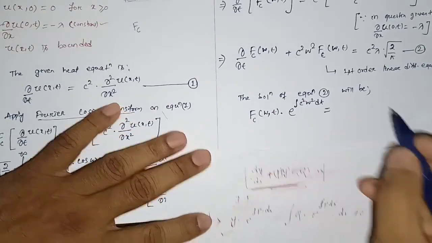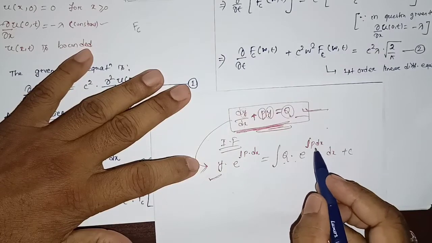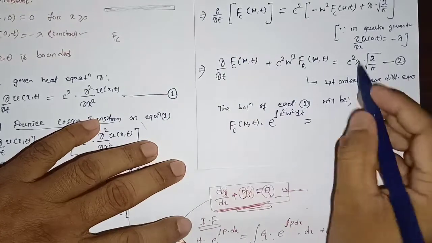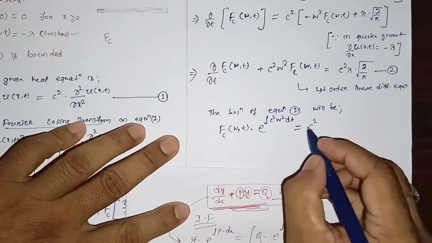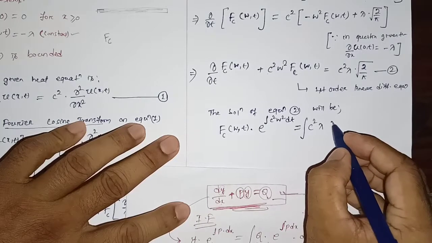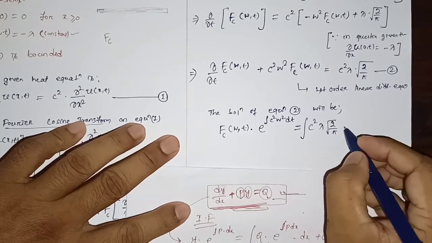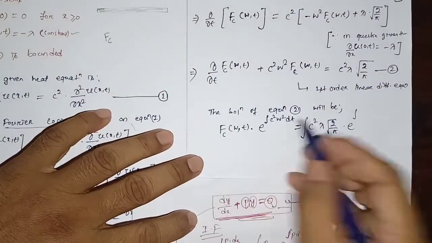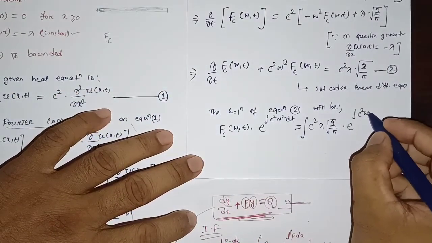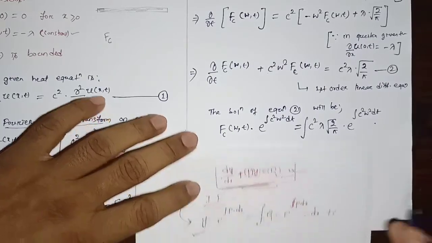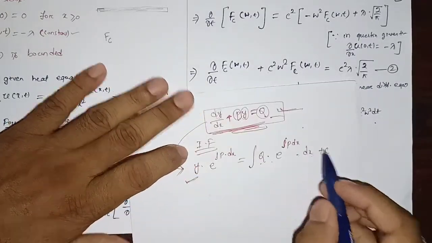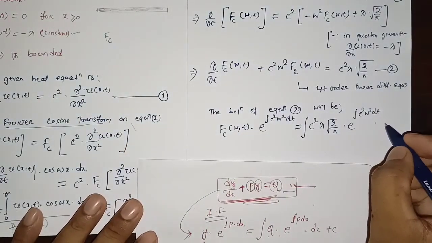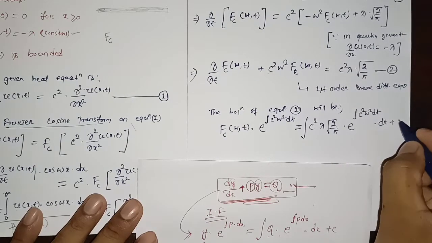This will be equal to the integral of Q into e to the power integral of P dx. Here Q is nothing but this much value, c square lambda root over 2 by pi, into e to the power integral of c square omega square dt, and here also we put dt, plus c.